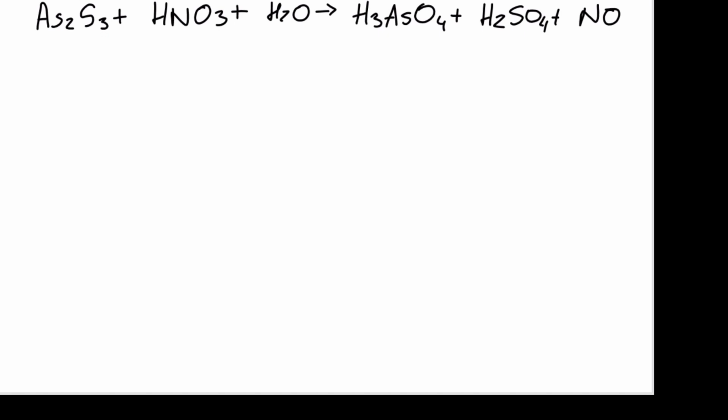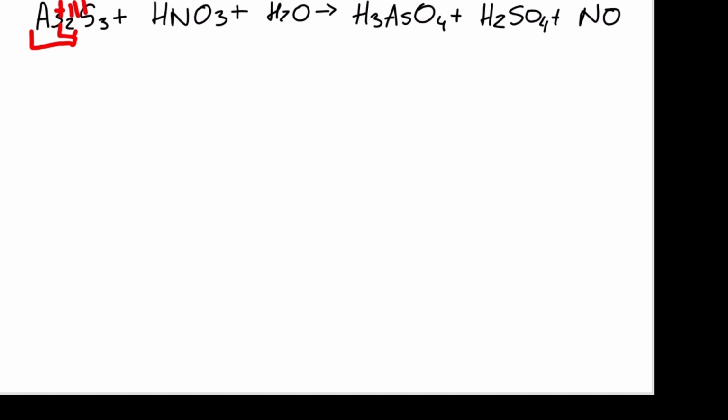let's find elements that change their oxidation states. Okay, so starting from the arsenic. In arsenic trisulfide, the arsenic oxidation state is equal to plus 3, plus 3 times 2 atoms of arsenic gives us plus 6.